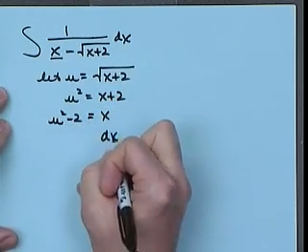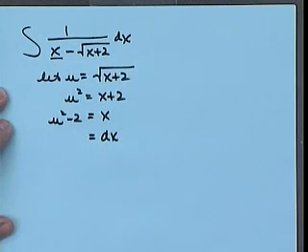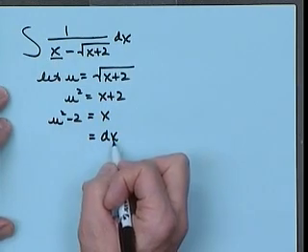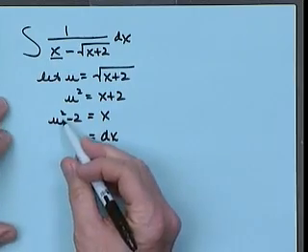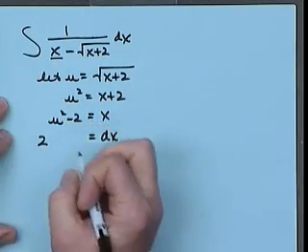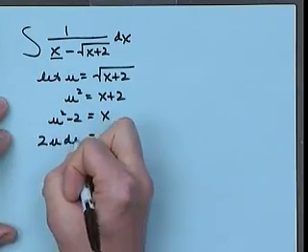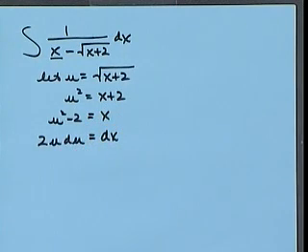And what is dx equal to? 1/2 square root... 2u du. Just take the derivative of the right side, which is dx, and the derivative of the left side, which is 2u du.